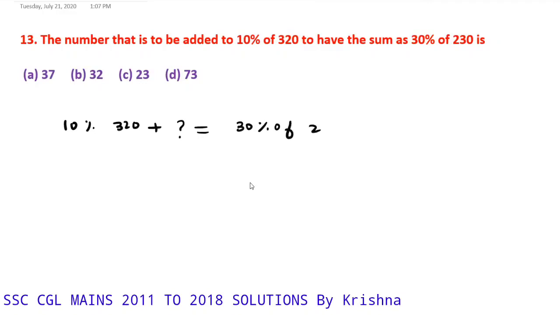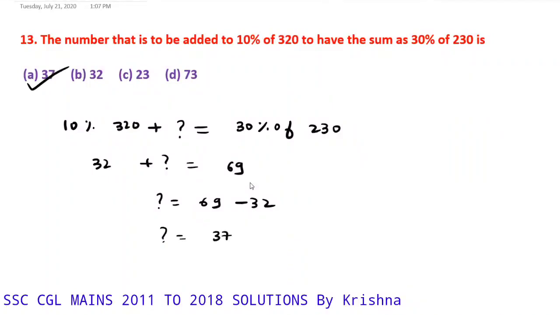This is the given data in the question. So now 10% of 320 is 32, plus the number which we have to add, which we don't know. But if you add those two numbers you get 30% of 230, that is 69. So the number which you have to add is equivalent to 69 minus 32, which equals 37. So 37 must be added to 32 to get 69.